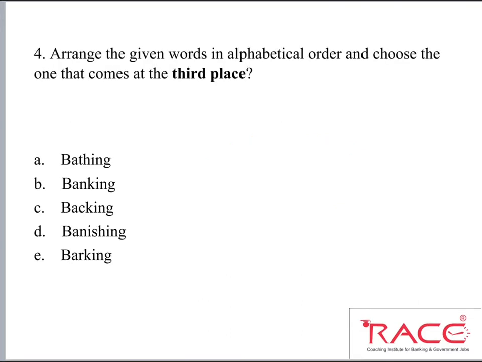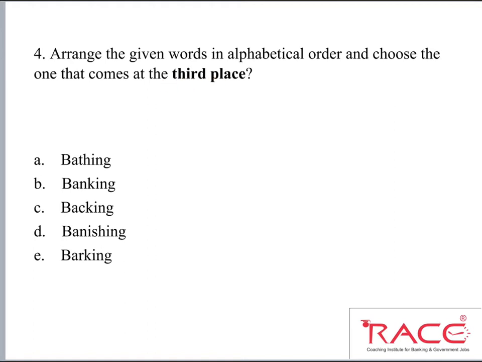So now we will discuss the next type of question. This is for example, and this is also a very important type. This question you might see in SSC or CHSL exam. So what is the question? They have asked to arrange the given words in alphabetical order and choose the one that comes at the third place.